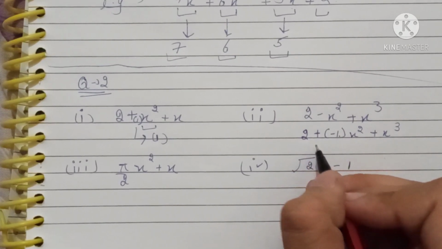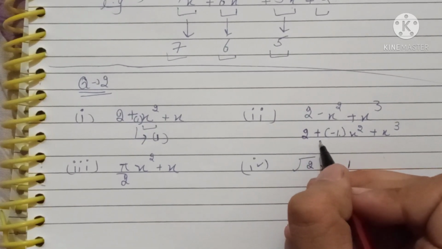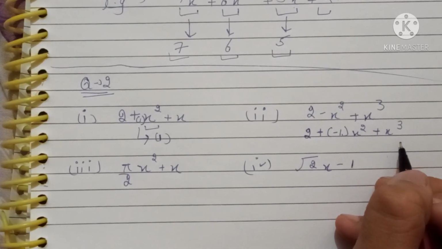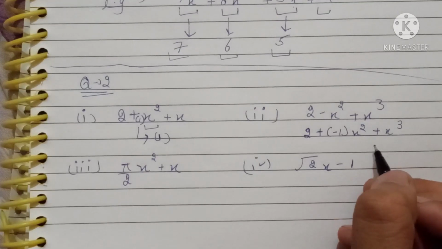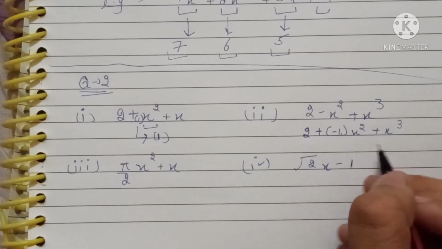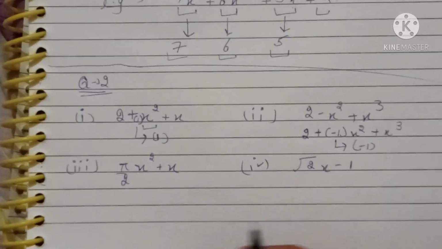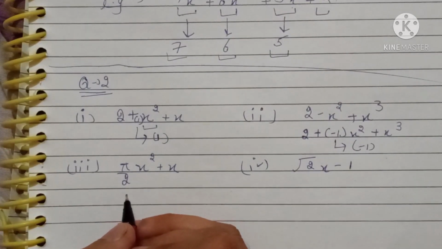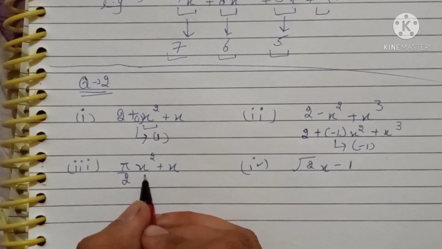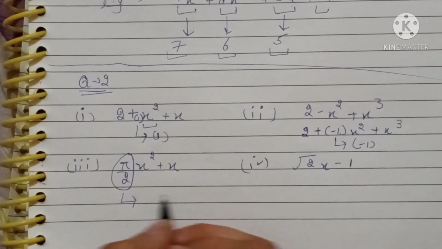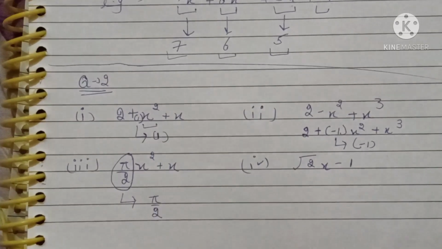So we can write this in the form 2 plus minus 1 into x square plus x cube. Now if I ask you what is the coefficient of x square, you can easily say it is minus 1, alright. Now in the third part the coefficient of x square would be pi by 2, right? So the answer is pi by 2.